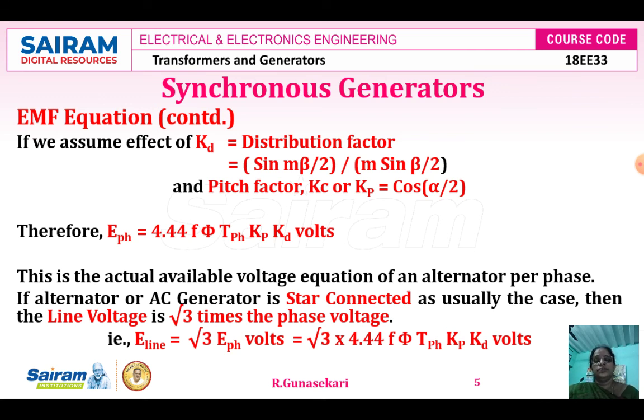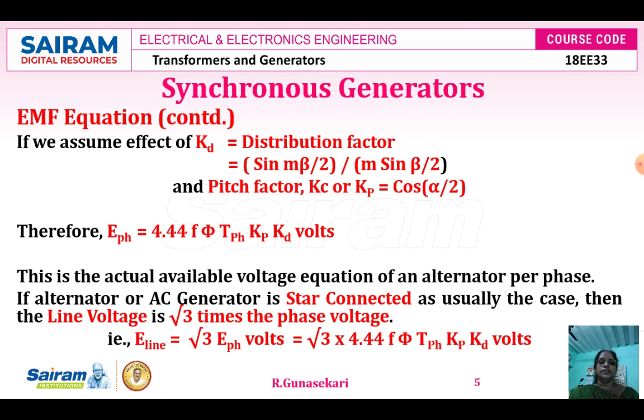This is for general phasing, but suppose the synchronous generator connection is either delta connected or star connected. Then how do we calculate the line value or phase value of the EMF? This is the actual value of the voltage equation. If the generator is delta connected, the line voltage is equal to the phase voltage.